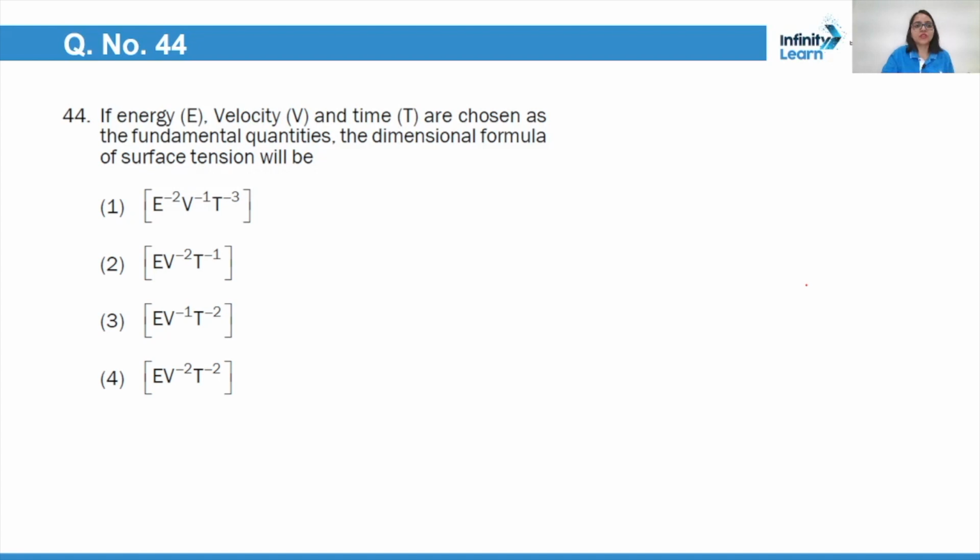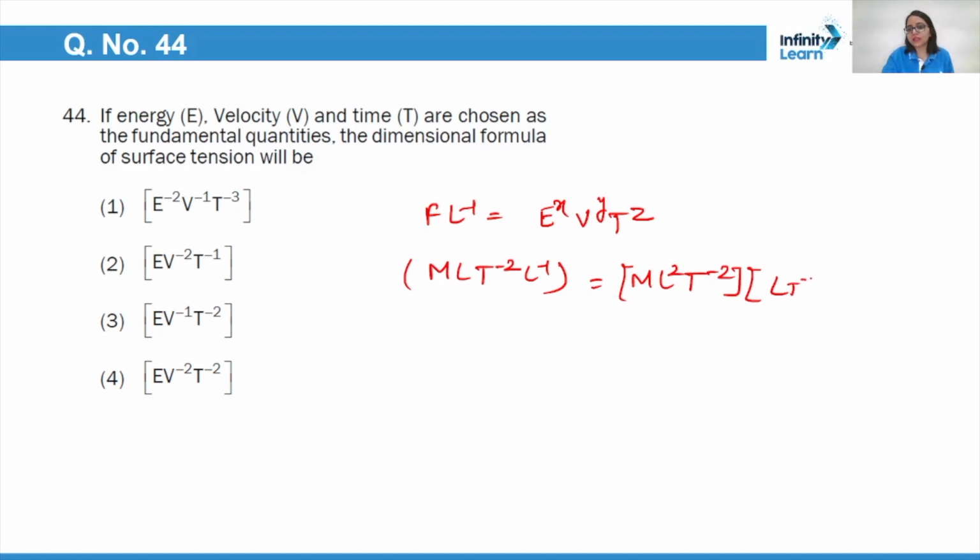Question number 44. If energy E, velocity V and time T are chosen as the fundamental quantities, the dimensional formula of surface tension is. Surface tension is F upon L. So F upon L will be E power X, V power Y and T power Z. So F is MLT minus 2, L inverse over here, E is ML square T minus 2, V is LT minus 1 whole to the power Y, and T power Z. So this will be M L0 T minus 2 equals M power X, L power 2X plus Y, and T power minus 2X minus Y plus Z over here.